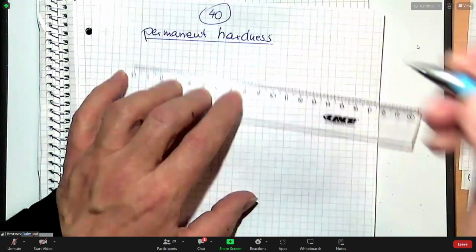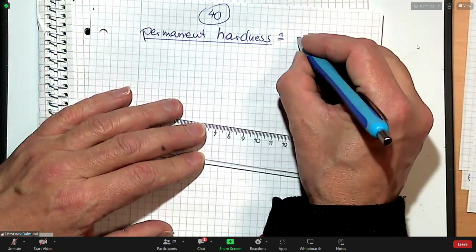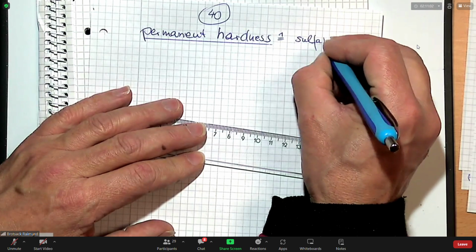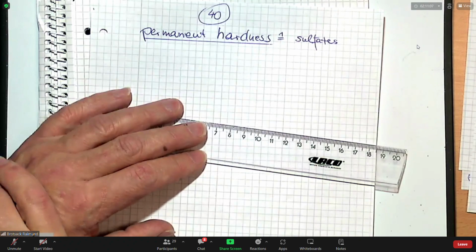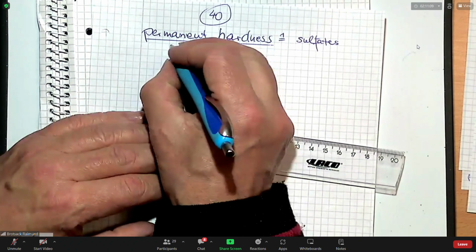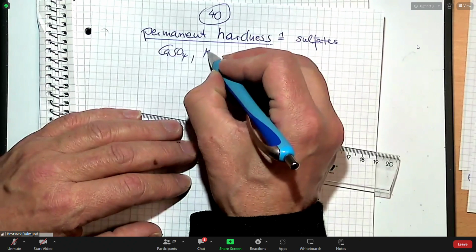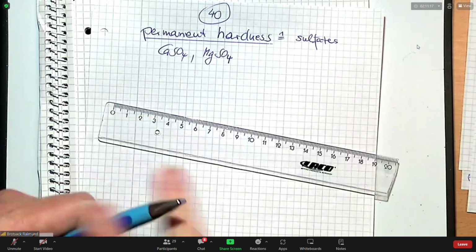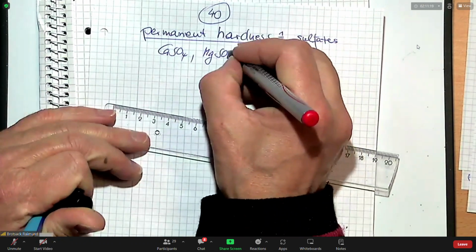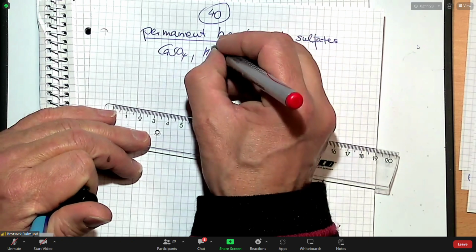And the permanent hardness are the sulfates of the alkaline earth metals. So the calcium sulfate, not the hydrogen carbonate, or the magnesium sulfate. Here, training again, oxygen is -2. They always have +2.